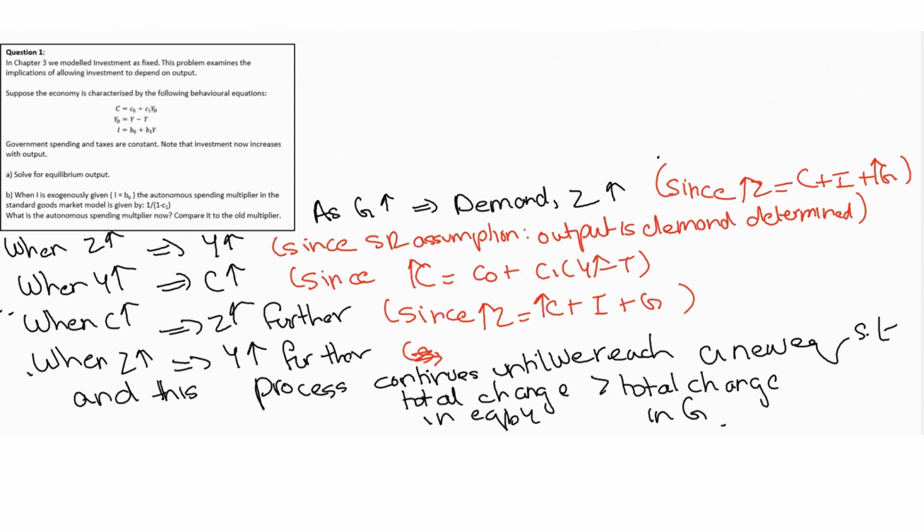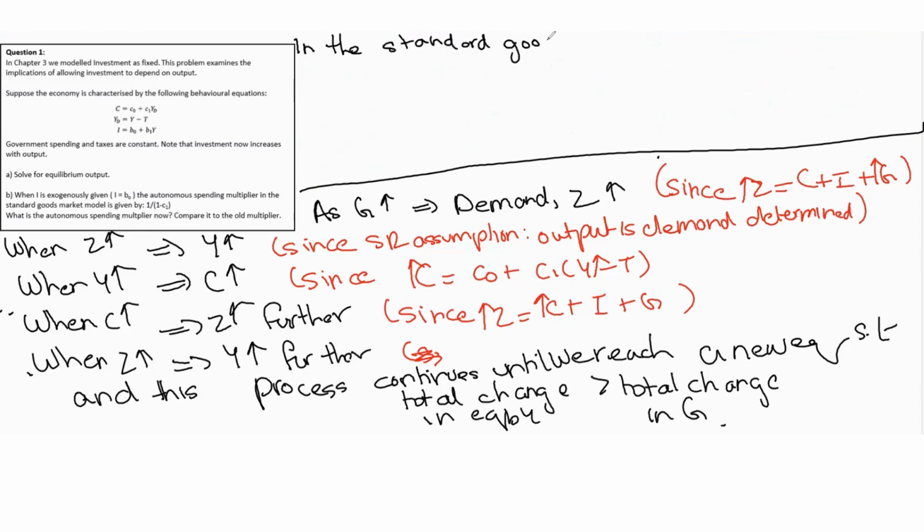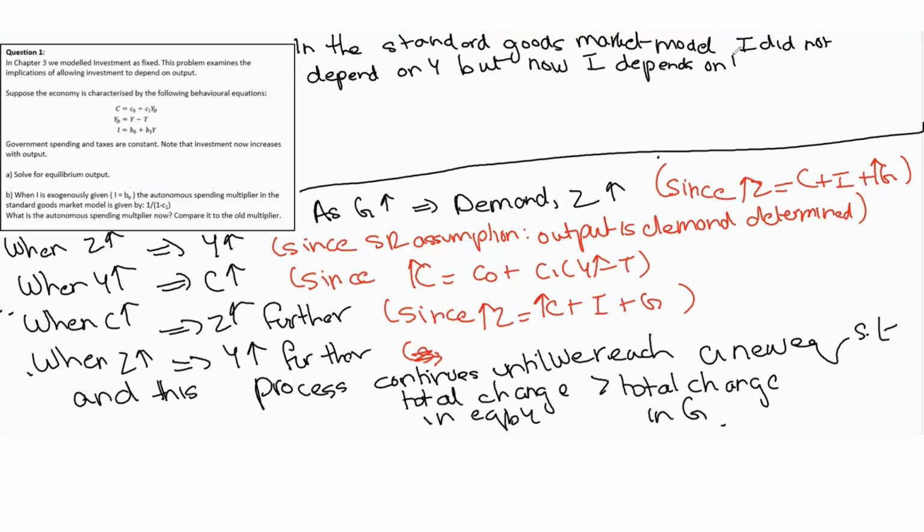Now in the standard goods market model, I did not depend on Y, but now I depends on Y. So there we had I is equal to I bar. Now we have I is equal to B naught plus B1 Y.